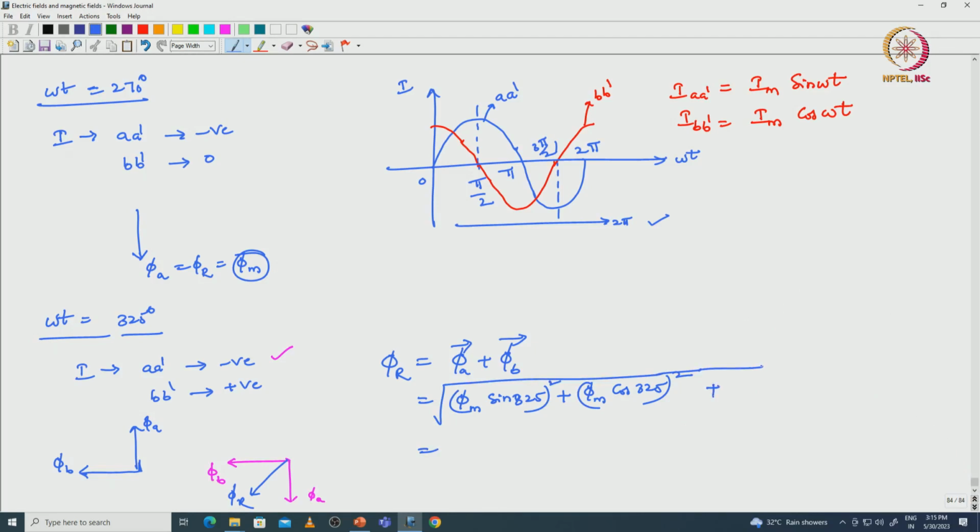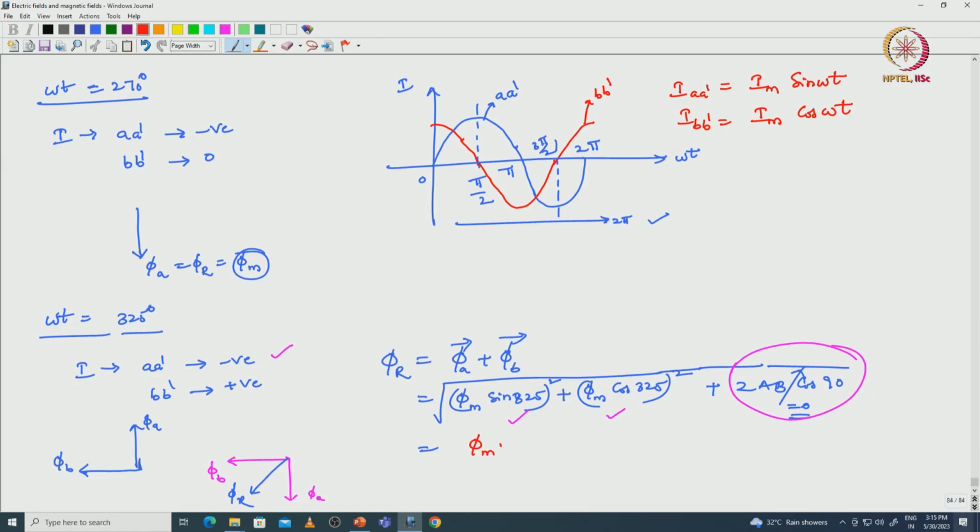Because of the 90 degree displaced one, the 2ab cos 90 term equals 0. This term is equal to 0. So, no need to consider this term. Directly you can take the squares of phi a and phi b magnitudes and take the square root, then the resultant will be phi m.